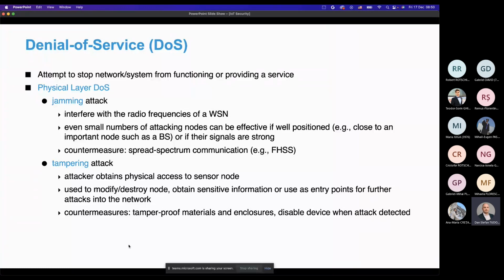A common technique against jamming in these transmission protocols is to use a spread spectrum communication scheme. We talked about spread spectrum communication last week when we discussed Bluetooth and IEEE 802.15.4. You have a frequency hopping spread spectrum scheme, or FHSS, that enables devices to communicate in hops of frequencies according to a certain scheme.